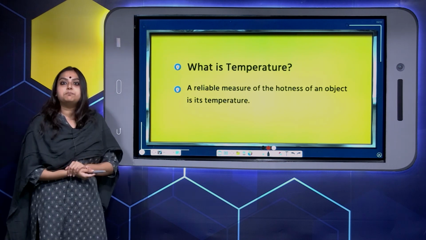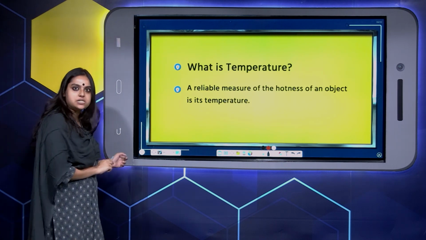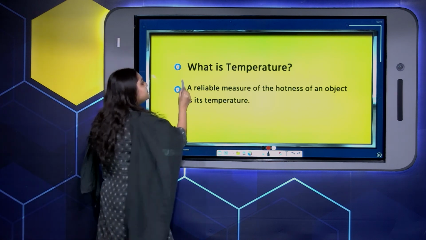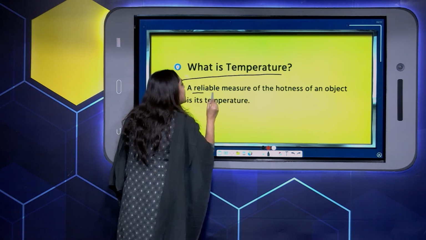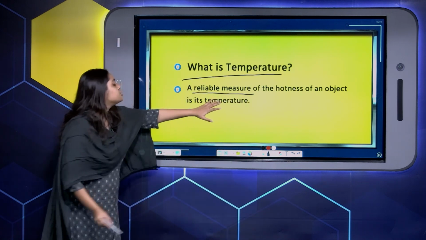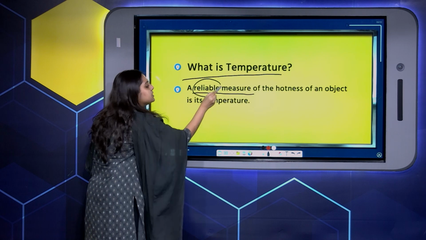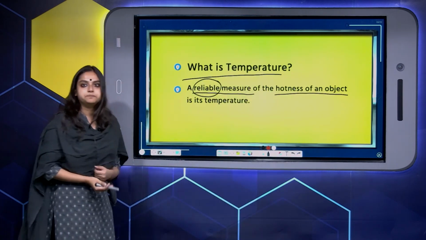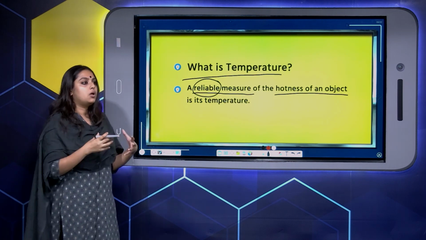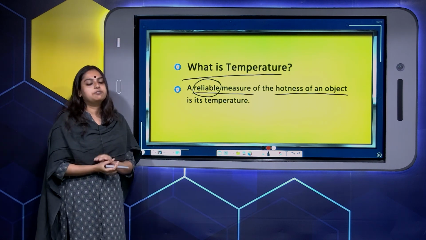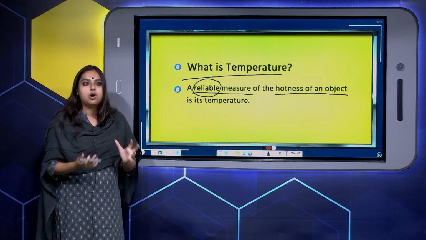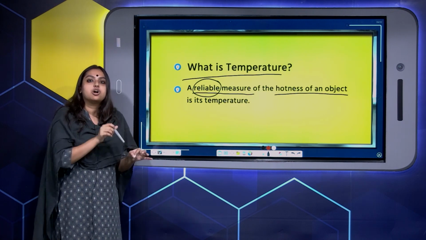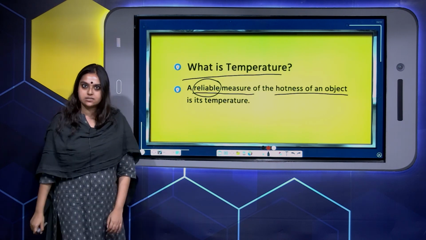So what is temperature? I have mentioned it previously, but now this is the original definition. Temperature is the reliable measure of hotness of an object, right? So what can be said is that if a body or an object is hot, temperature gives the measure of how hot the object is.